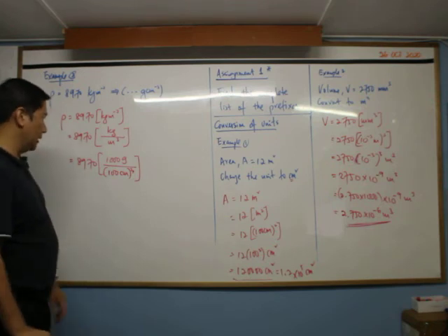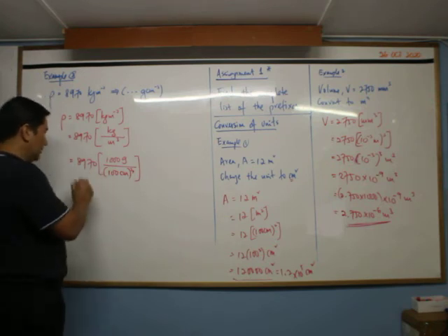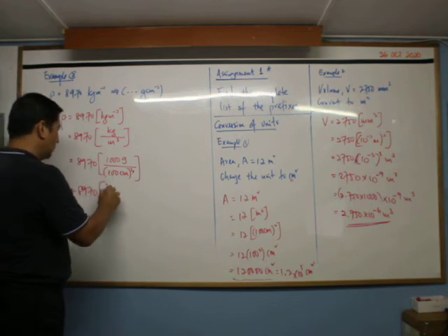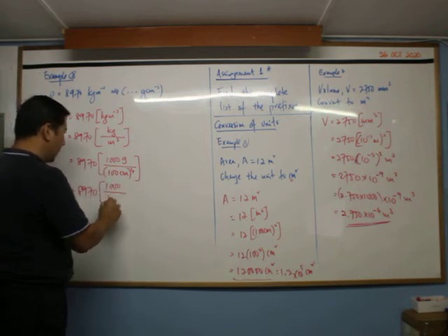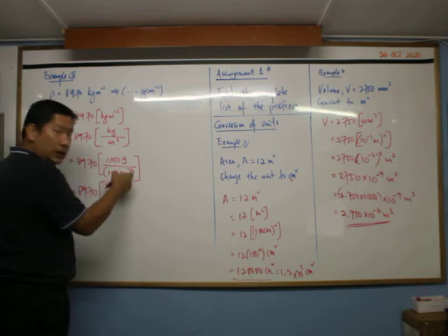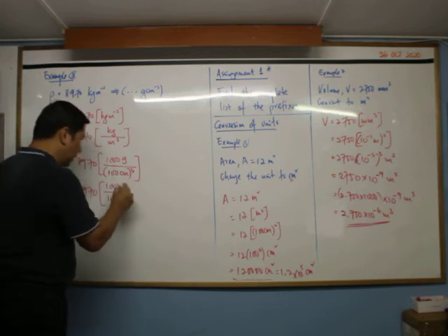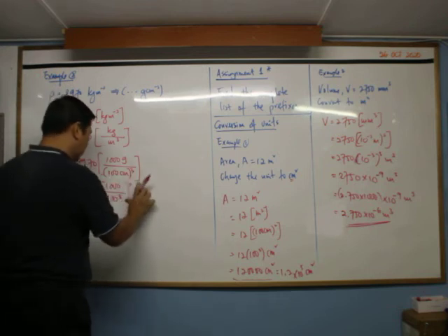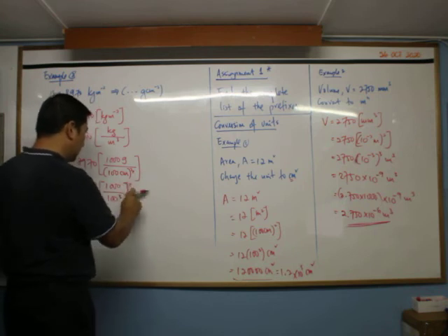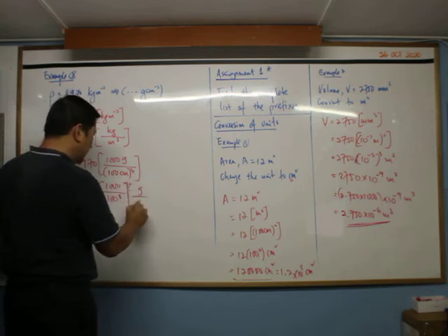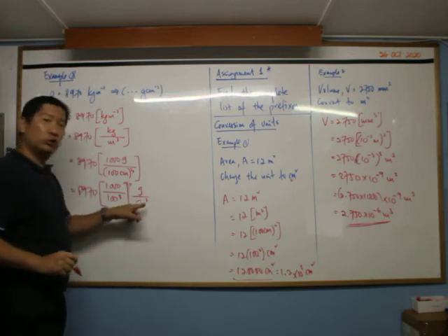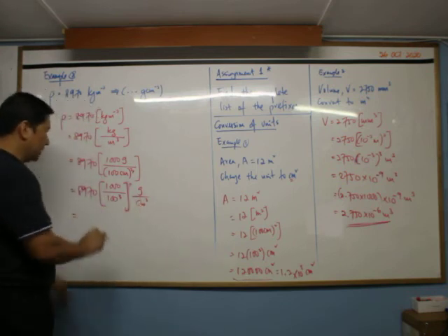After that, take the number out, 8970. The number here is 1000 divided by 100, but don't forget the power 3. And the unit follows. So our unit is gram per cubic centimeter. And then the rest will be just number.